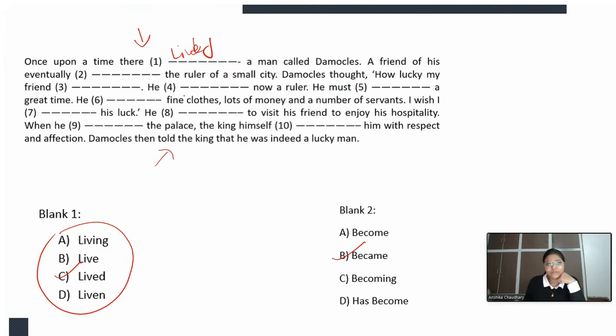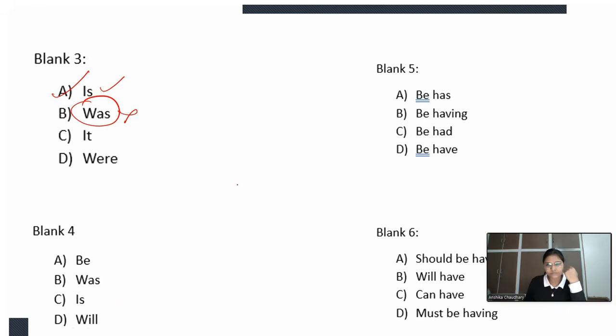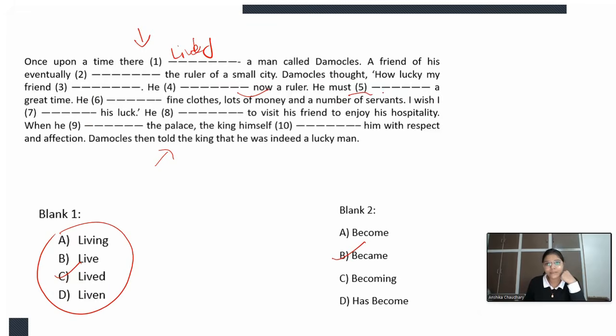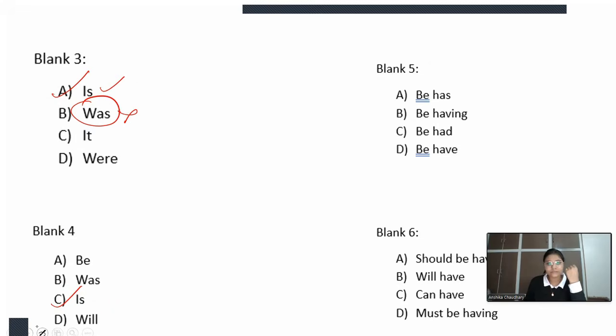Now, the fourth blank is there, now a ruler. So now we are talking about present only. He is now a ruler, right? So blank four, he is now a ruler. He is ruling right now. Now he must a great time. So blank five: has a great time, be having a great time, had or have, right?